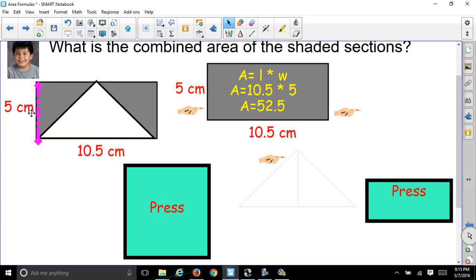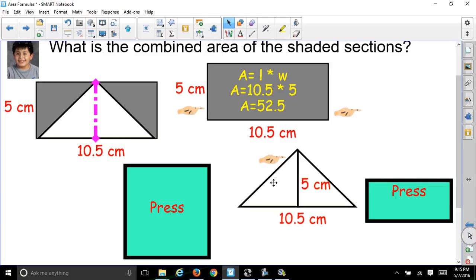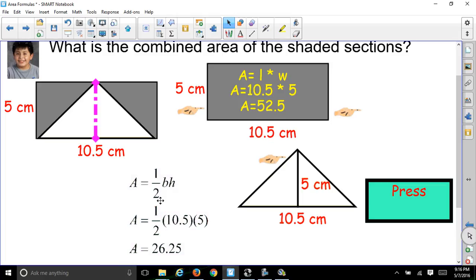So if I just slide it right here, that would give me the distance from the top to the bottom of this triangle. So I really do have a height. So I need to find the area of the triangle, which would be base times height divided by 2, or 1/2 base times height. And that would be 1/2 times 10.5 times 5, and that would give us 26.25.